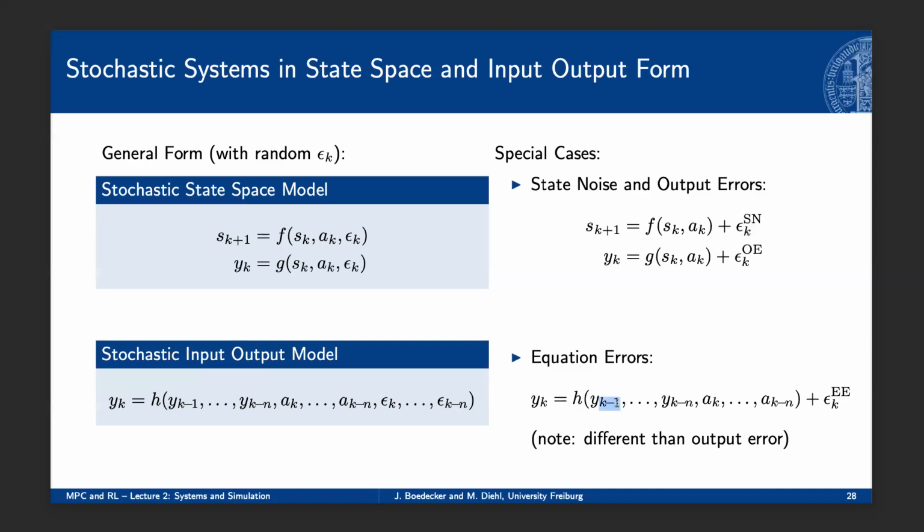So there is auto-regression, and our noise is in fact a mix of state noise and equation error and output noise. These equation errors are really disturbing our state, because we assume that the y is the state. The measurement is noiseless, so to say, but it's uncertain and disturbed. But when we measure it, we think this is the right measurement. It's different than output errors.